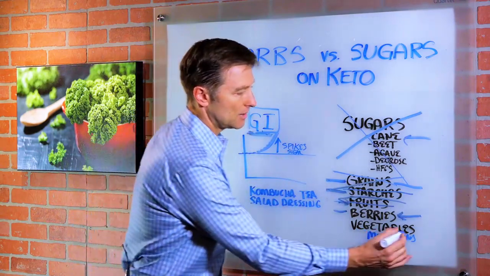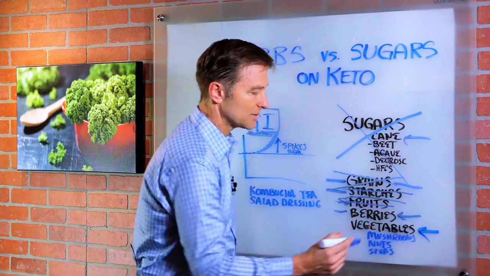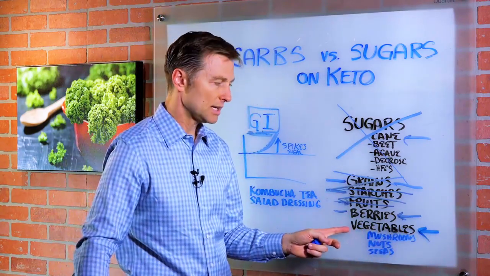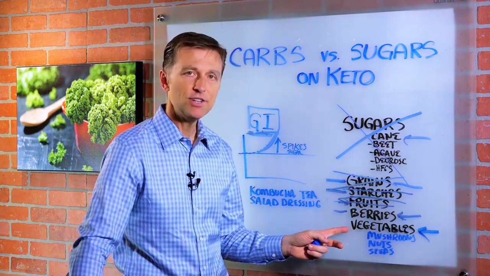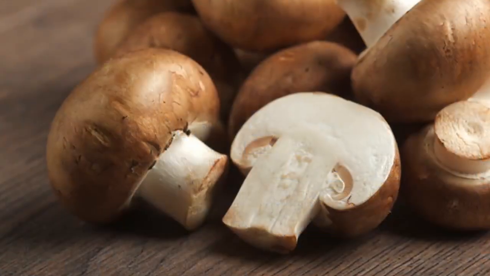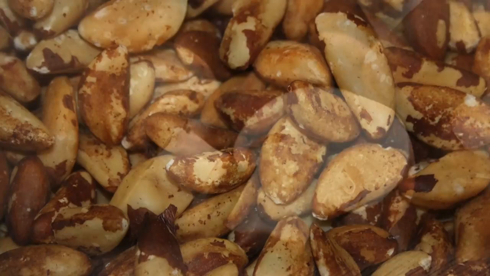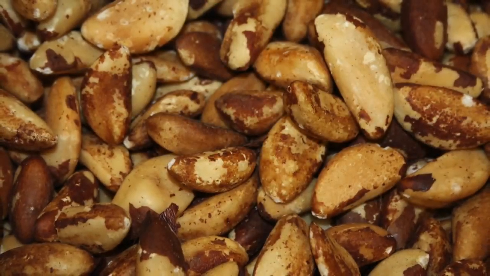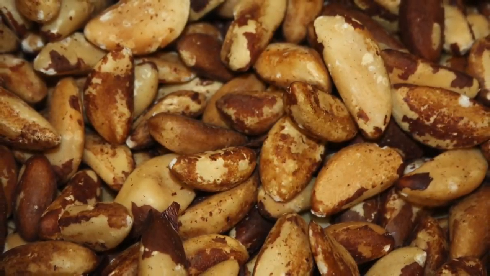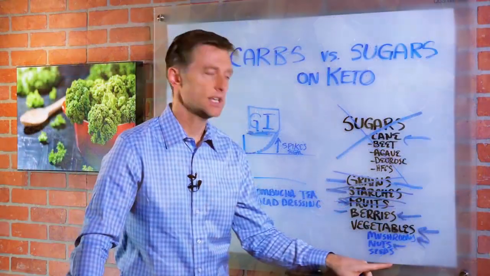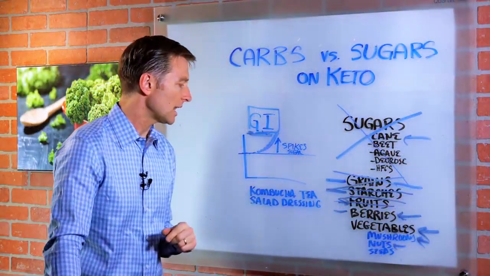And then we talk about vegetables, and these are totally acceptable because they're very low on the glycemic index, have a lot of fiber, even though they're carbohydrates. Now, mushrooms, very low on the glycemic index, even though there's some carbs. Okay, nuts, low on the glycemic index. Just make sure you avoid cashews. And then we have seeds, another food that is very low on the glycemic index.